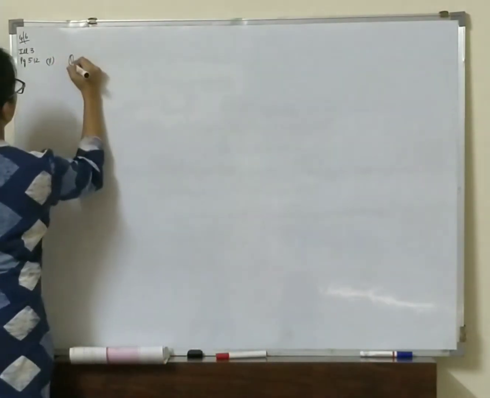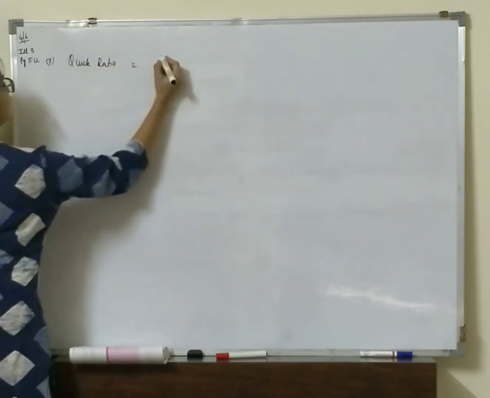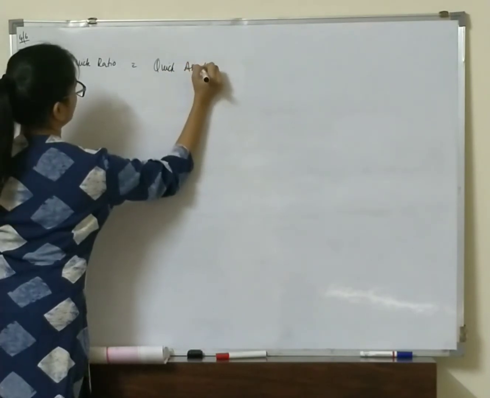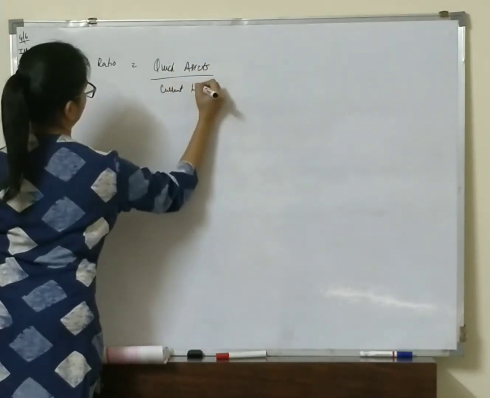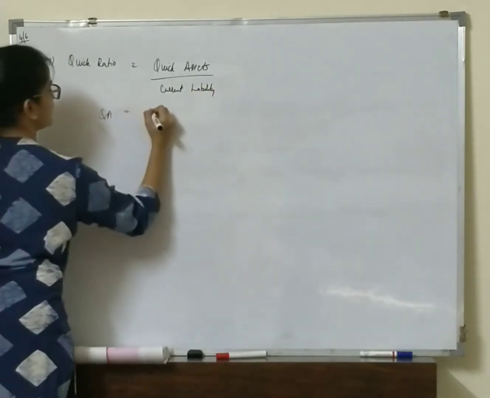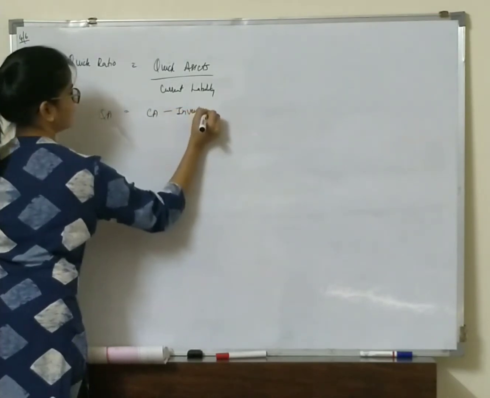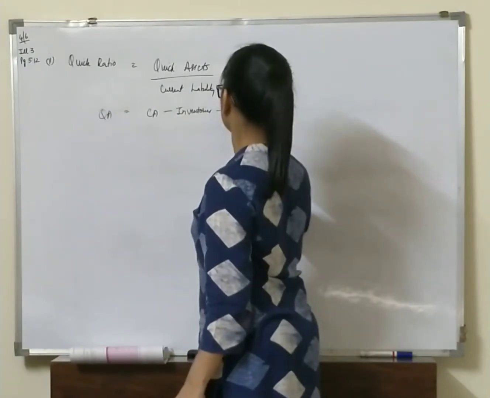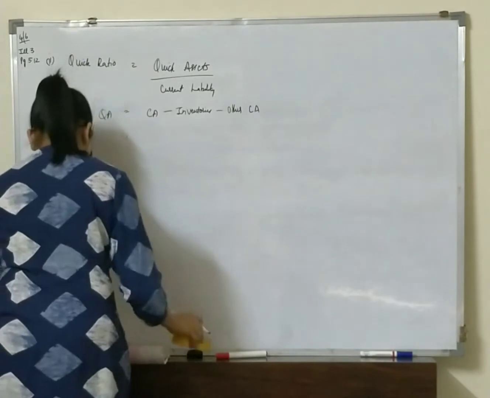Second one, quick ratio is equal to quick assets by current liabilities. What is quick assets? It is current assets minus inventories minus other current assets. So what's the total of current assets?